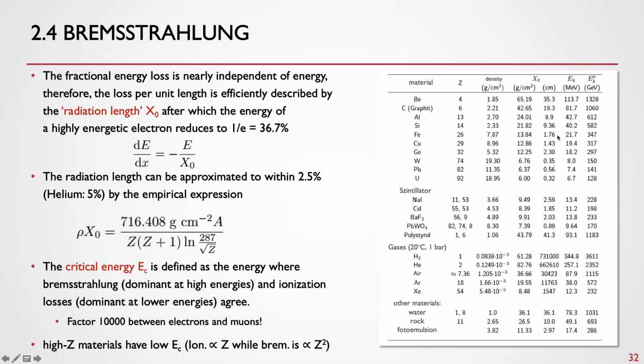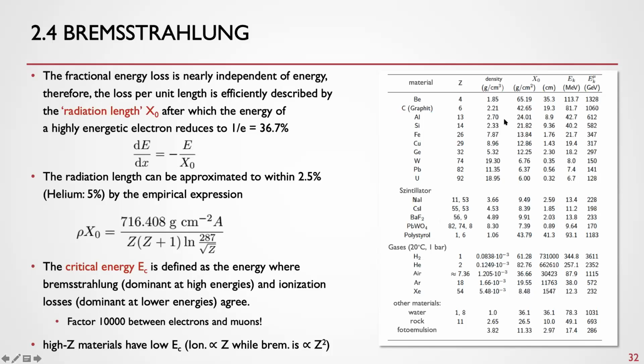The critical energy is much lower for electrons because bremsstrahlung is much higher for these lighter particles. Critical energy for muons is in the TeV or hundreds of GeV regime, as we've already discussed.